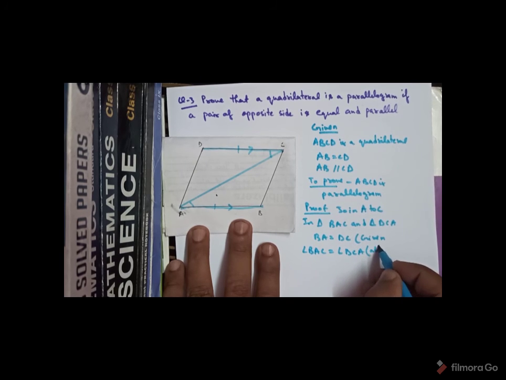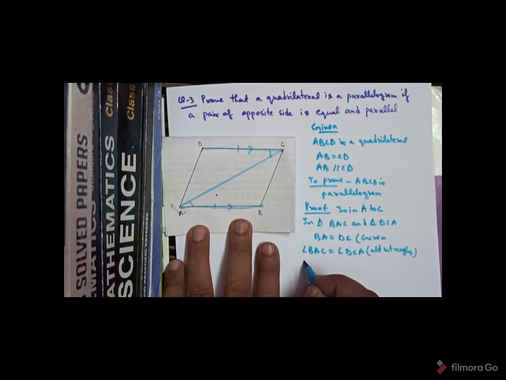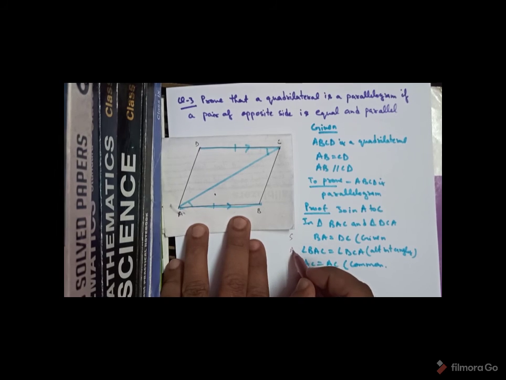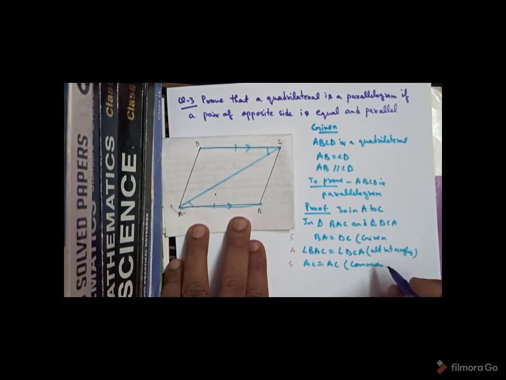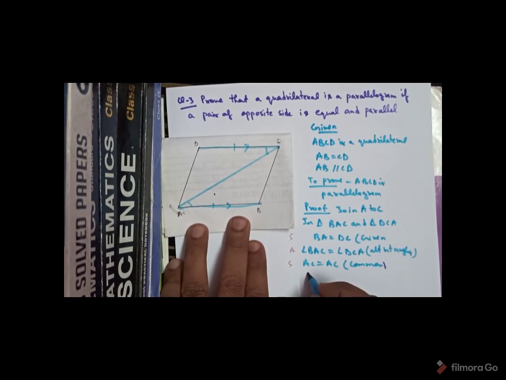And AC is equal to AC, that is the common side. So by side angle side congruence, it is proved that triangle BAC is congruent with triangle DCA.